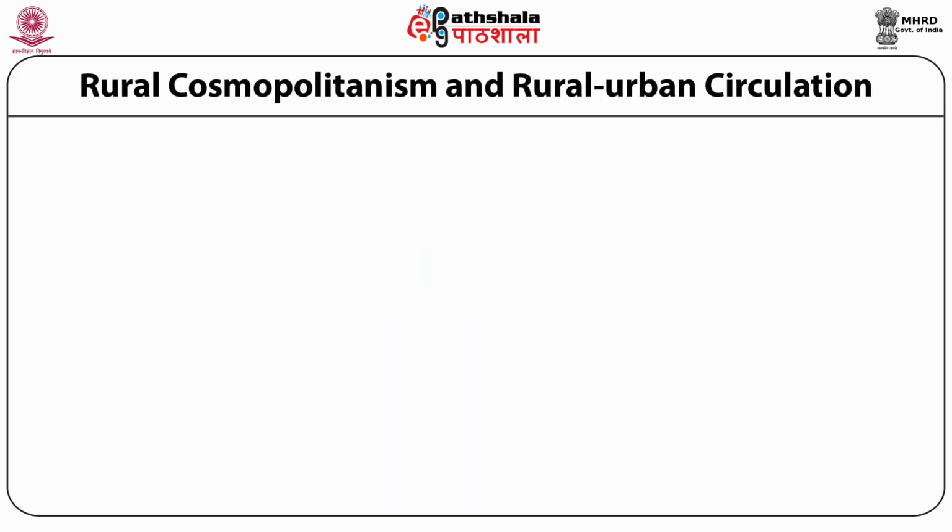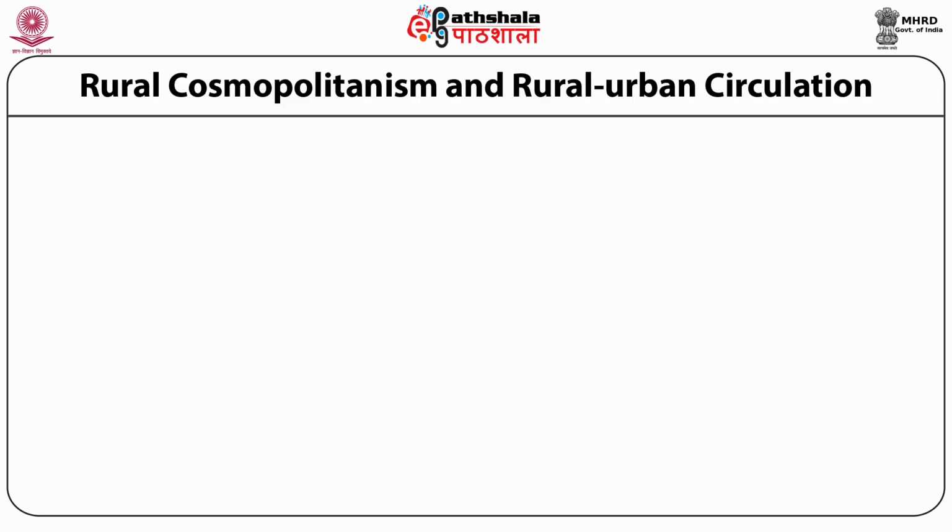Rural cosmopolitanism and rural-urban circulation. Drawing on a broad array of case studies from West Bengal, Tamil Nadu, and Gujarat, as well as the work of authors such as Jan Breman, Gidwani, and Sivaramakrishnan, argue that circular migration has been a long-standing element of the survival strategies developed by Dalits and Adivasis, especially in dryland areas.